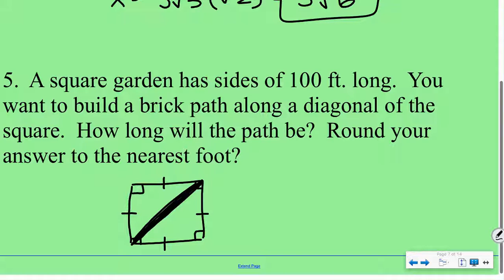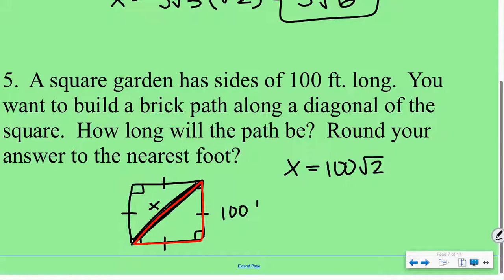Each side of the garden is 100 feet, and we're trying to figure out how long this path is going to be so I know how many tiles or bricks I need to buy. Well, when you throw the diagonal in there, your square becomes 2 right triangles that have 2 congruent sides, an isosceles right triangle. So now we have a 45, 45, 90. On my 45, 45, 90 right here, is my x representing the hypotenuse or the leg? Hypotenuse. So our rule: hypotenuse equals the leg times the square root of 2.